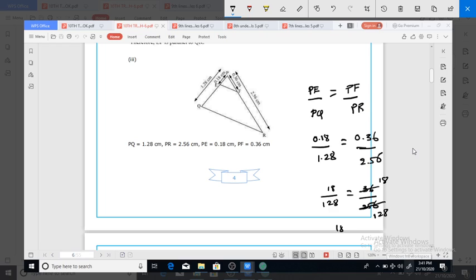So LHS is equal to RHS here. We need not simplify more and more. If LHS is equal to RHS, we easily say by theorem 6.2, as per the converse of Thales theorem, EF is parallel to QR.